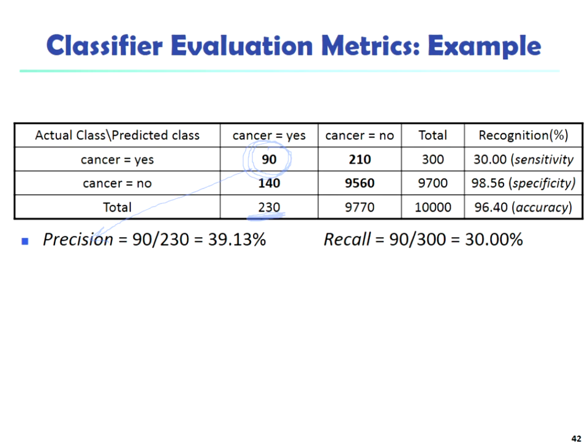This is the precision. And to calculate the recall, it will be 90, the same value, divided by 300. Is it clear? Any questions about precision and recall?